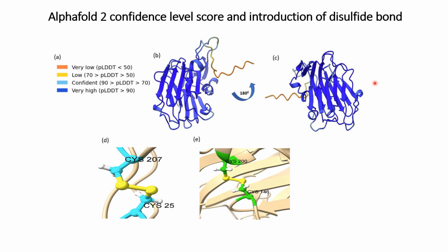This slide represents the confidence level score of the structure derived from AlphaFold 2. It is worth mentioning that the two pairs of amino acid residues which form disulfide bonds, cysteine 25 and cysteine 207, and cysteine 146 and cysteine 200, were found in close proximity.